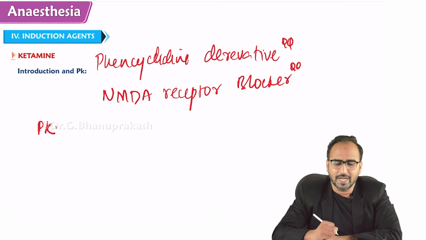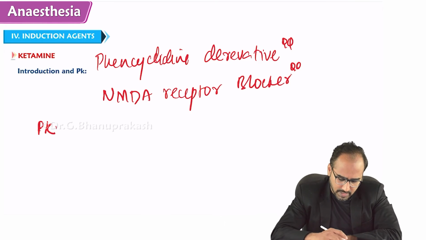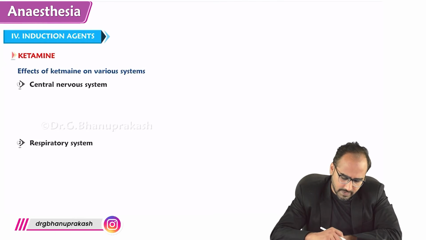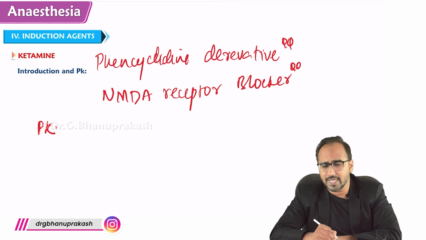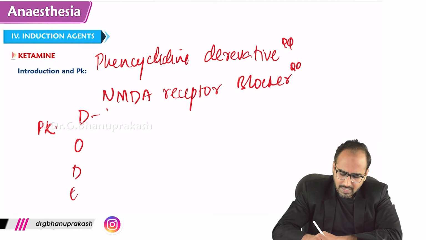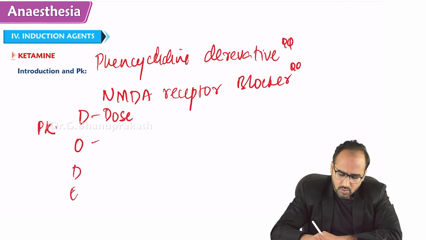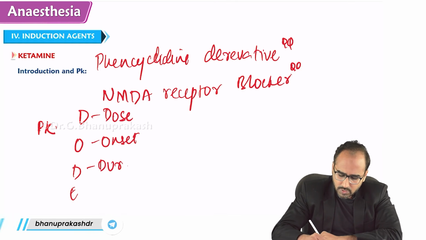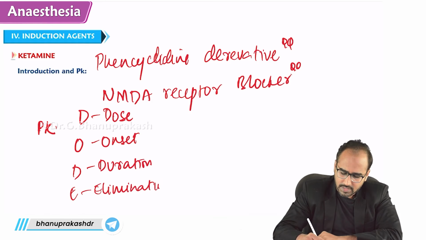Coming to the pharmacokinetics of ketamine, again we have to remember DODE. D is dose, O is onset, D is duration, and E is elimination T half of ketamine.